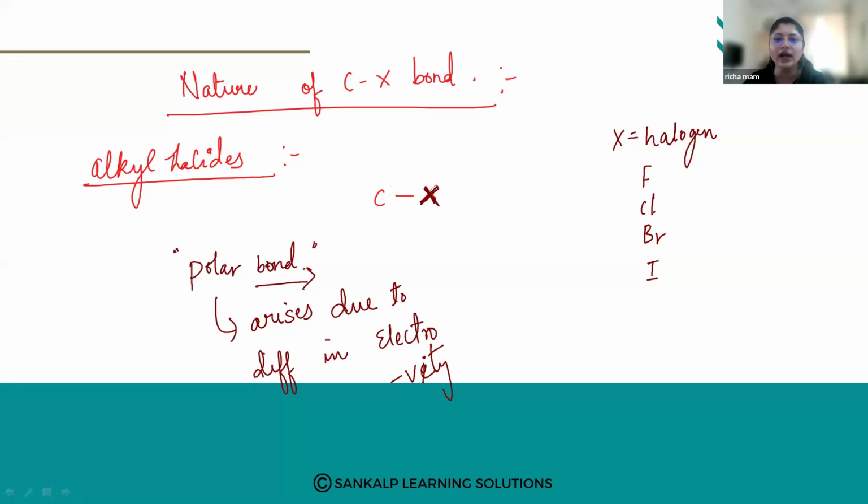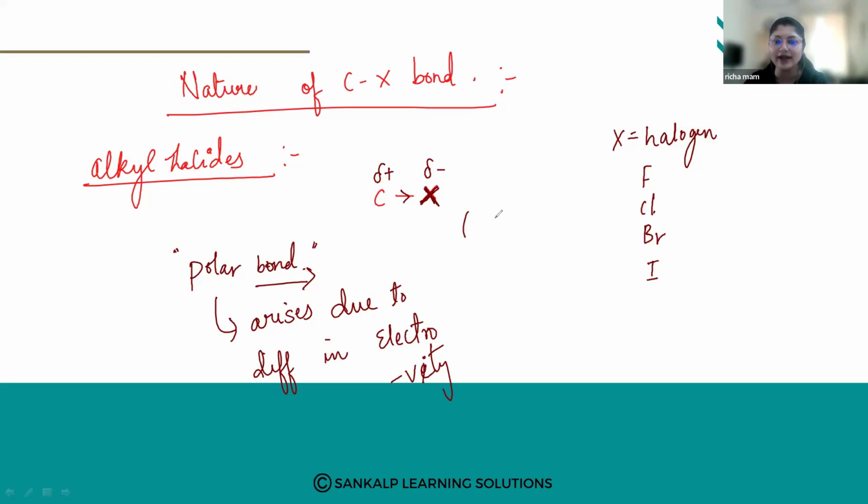So here, when carbon and halogen atom is present, as this halogen atom is attached to a carbon, there will be a difference in the electronegativity, and thus partial negative charge will be developed on halogen and partial positive charge will be developed on carbon atom. Why? Due to the presence of halogen atom.